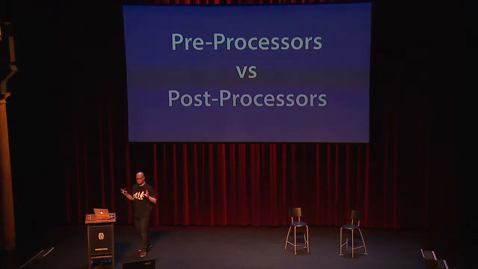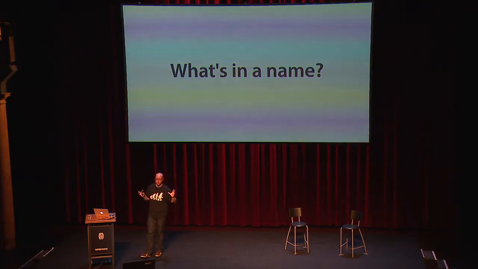So first, before getting into Sass, I want to talk about preprocessors versus postprocessors. A lot of people seem to use those terms interchangeably, as if they're the same, and they're very much not. They're very much different. So what's in a name? First of all, post-processing does not exist.